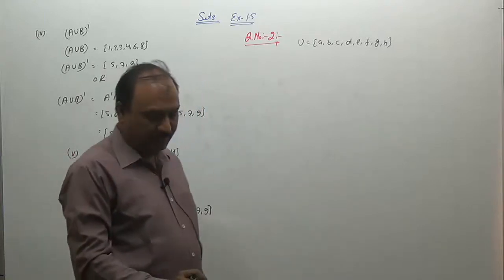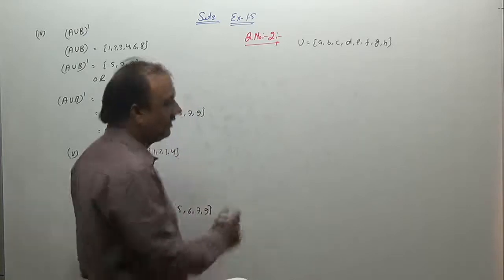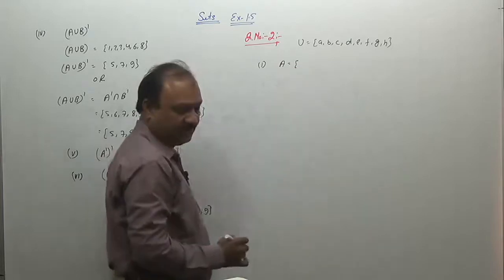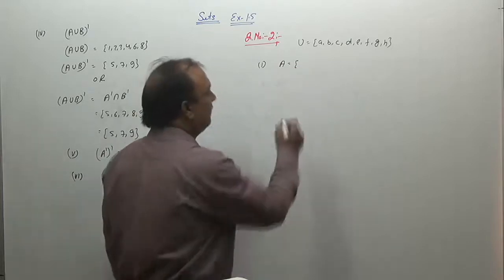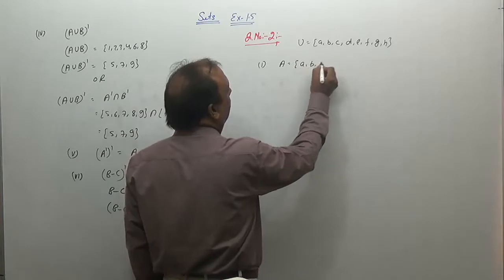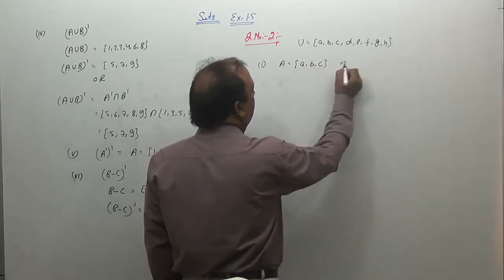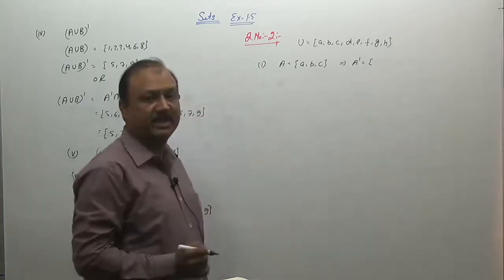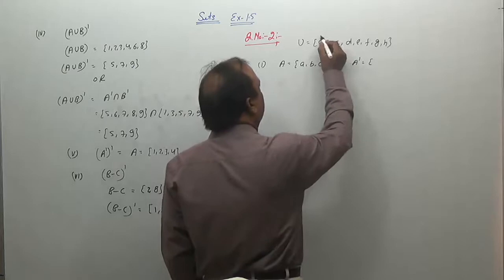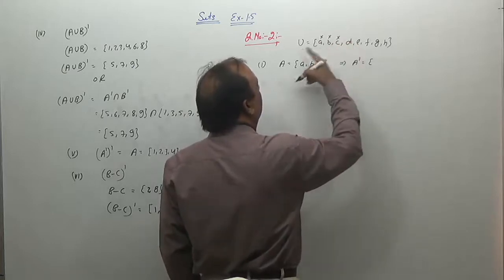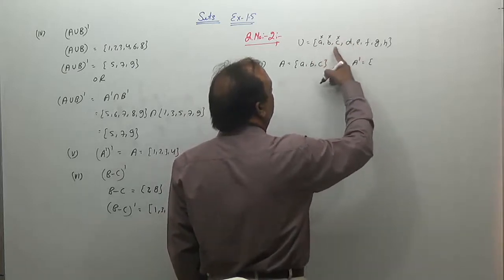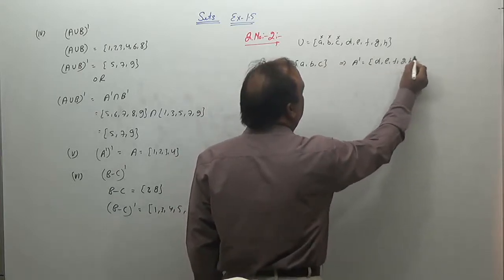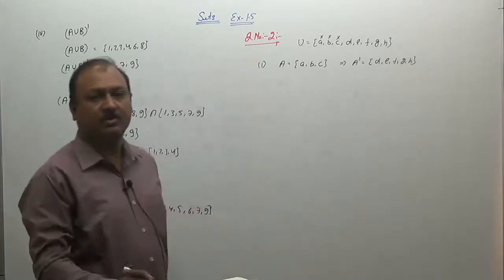Next, find the complement of the following sets. In the first part, a set A is given which contains the elements A, B, C. Now we want to find its complement. The complement of set A is the set which contains the elements of the universal set except A, B, C, that is D, E, F, G and H. This is the complement of set A.